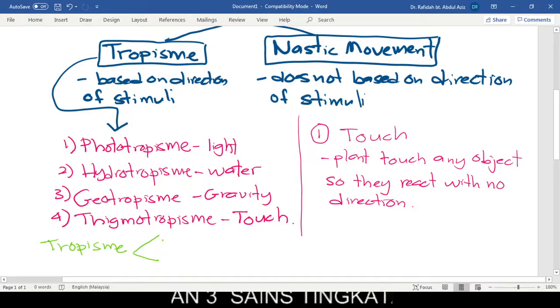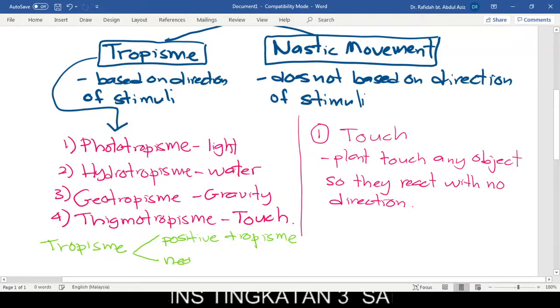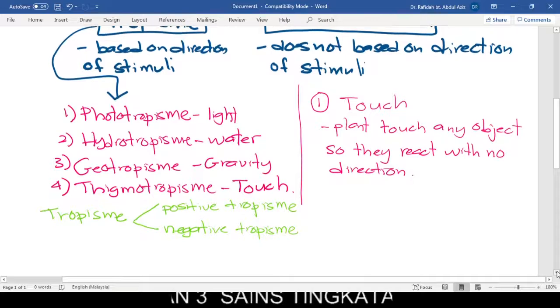We have what we call a positive tropism, and second is negative tropism. So what is the meaning of positive tropism and negative tropism? We will look after this.